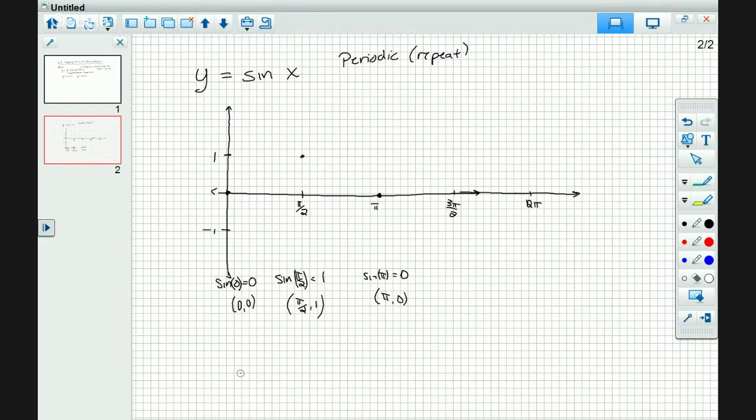All right. 3 pi over 2 is -1. So that's right here. And then 2 pi is 0 again. That's where these two match. All right, and you see the general graph, the parent function.